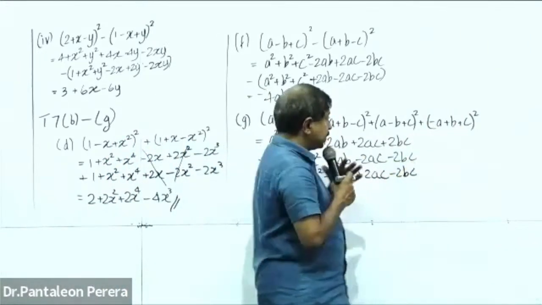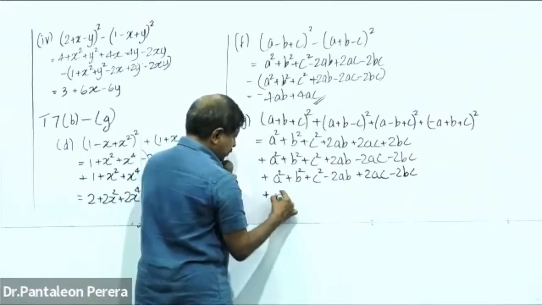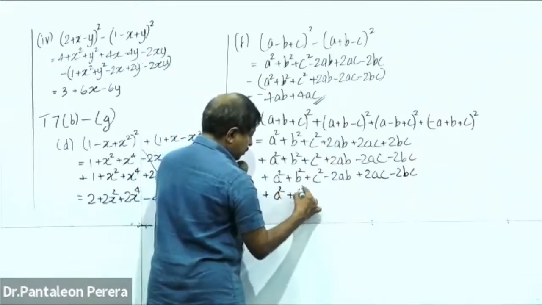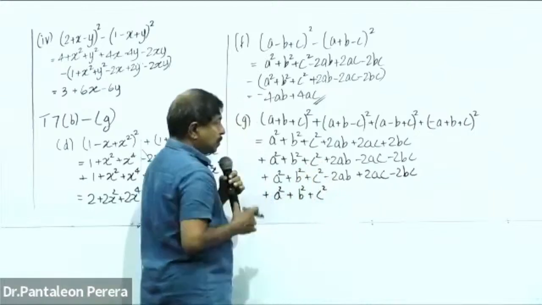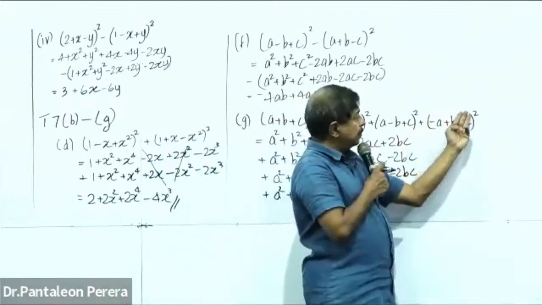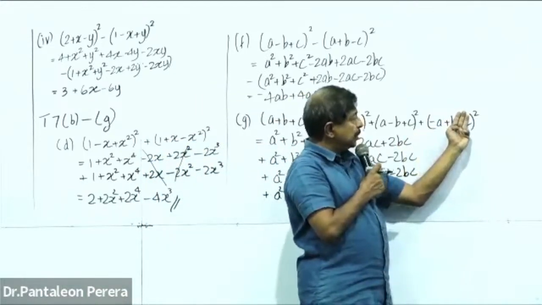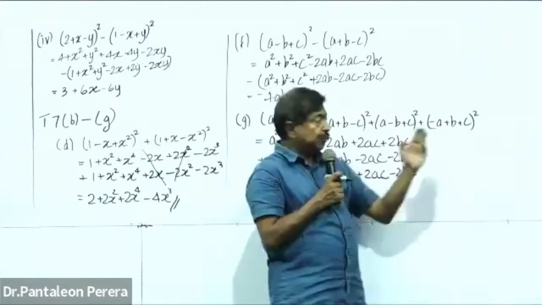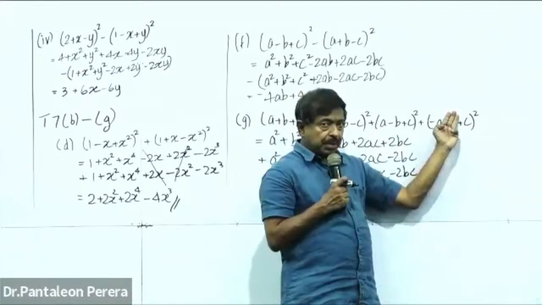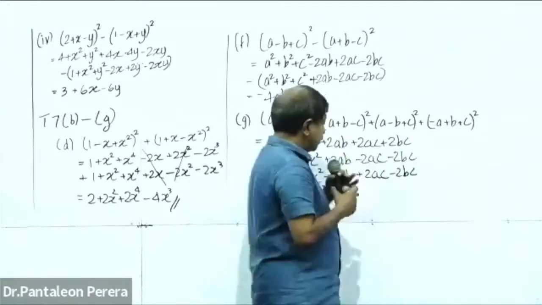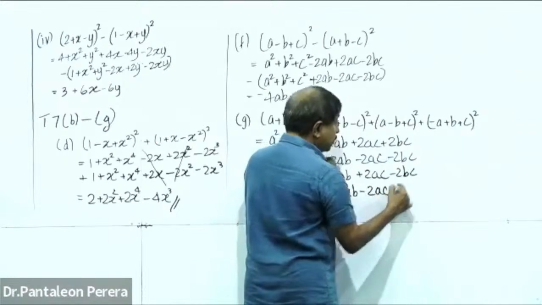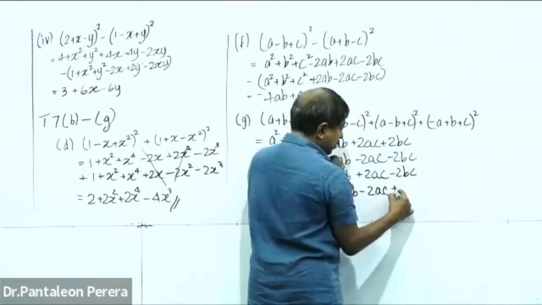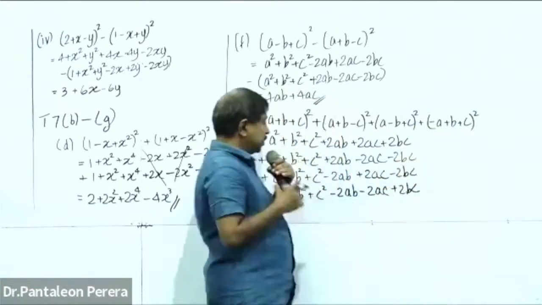Now square each and every term. Then close C, you have minus 2ab. Close B, you have minus 2ac. Finally, close minus C, you have 2bc.